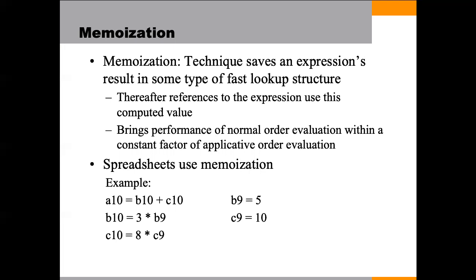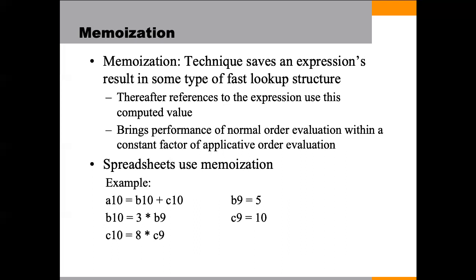Basically, in a hash table, you can store the name of the function and the values of its arguments. Before you evaluate a function, you check whether it's in the hash table, and if it is, you just return the value from the hash table rather than evaluating the function.